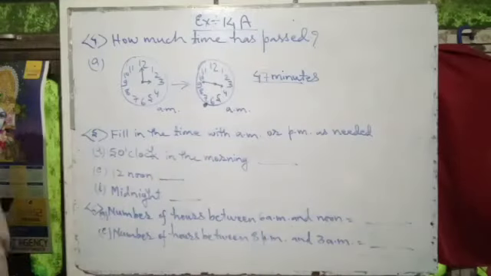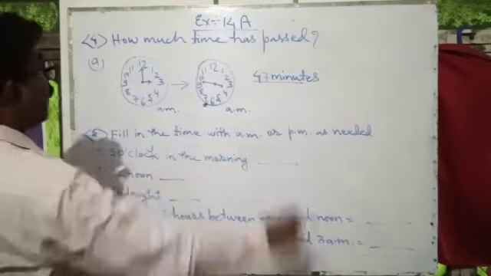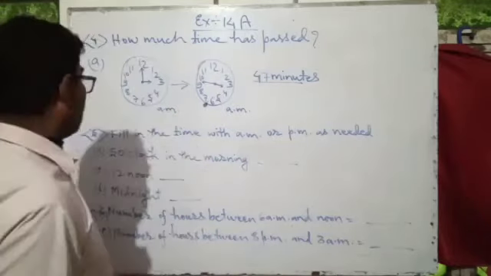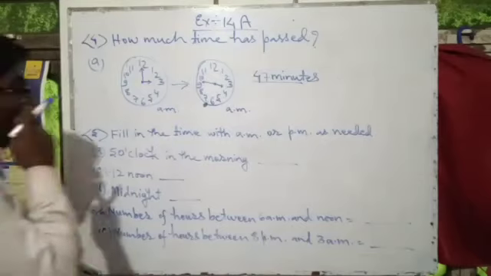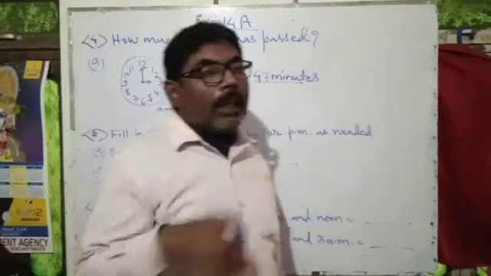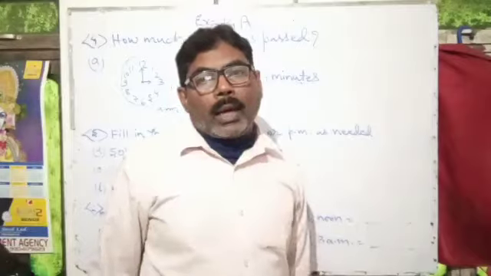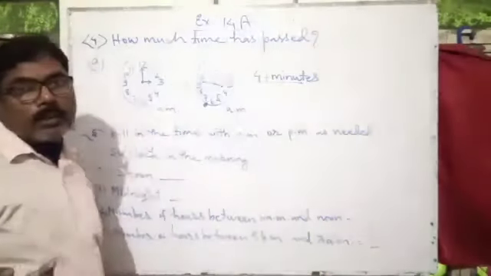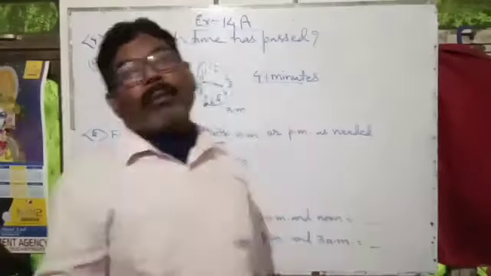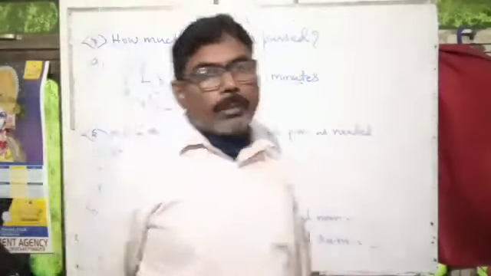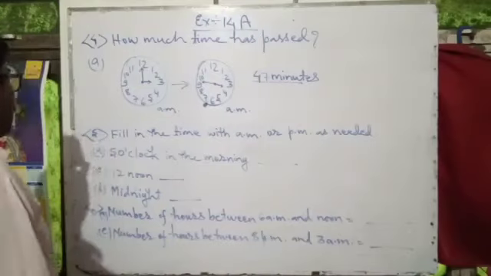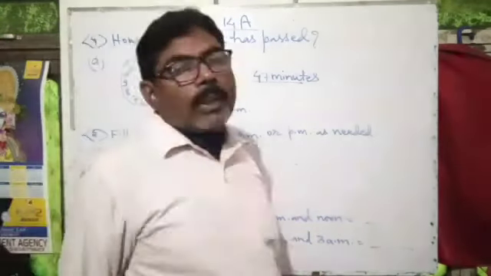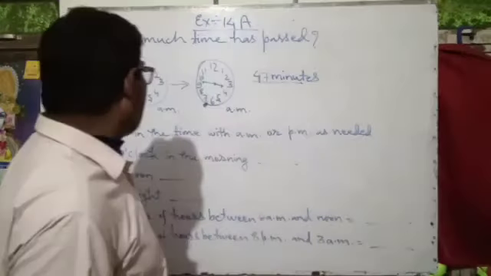In question number 5, children, fill in the time with AM or PM as needed. After 12 at midnight, AM starts until 12 at noon. That means during the day, it is indicated with AM, which means anti-meridian.